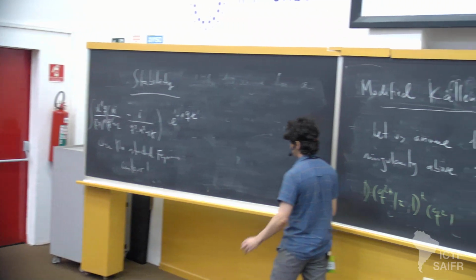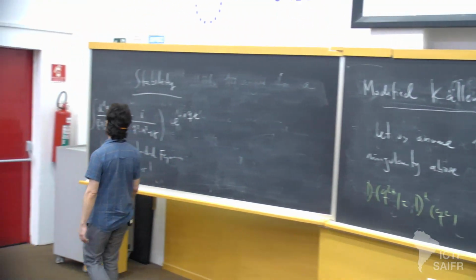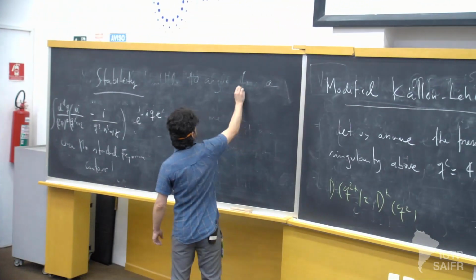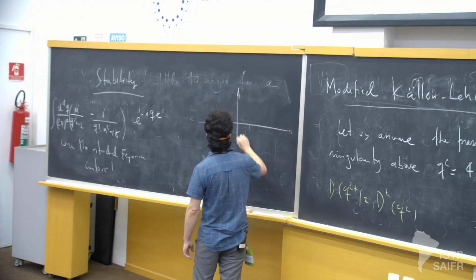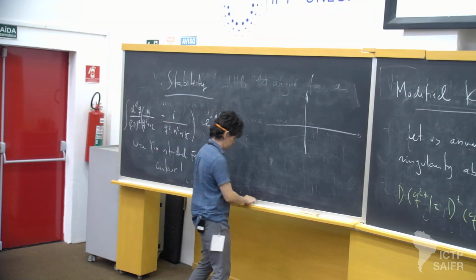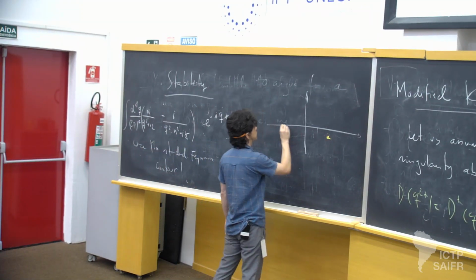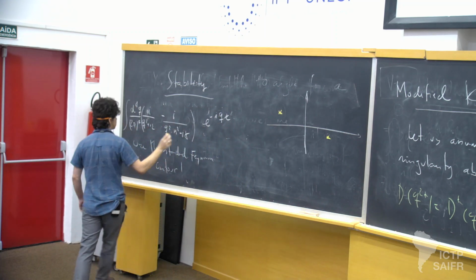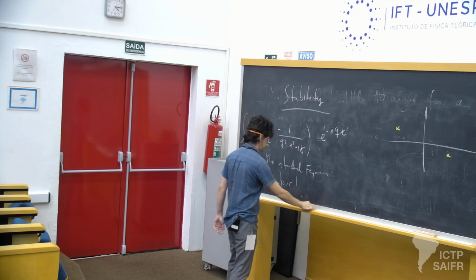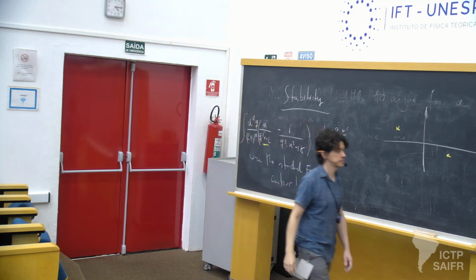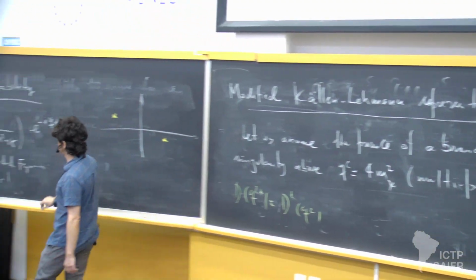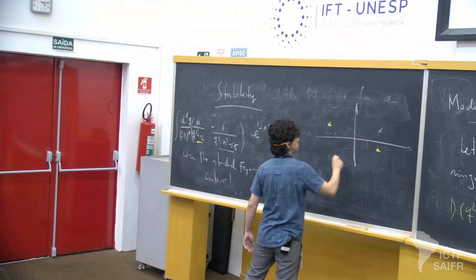Not in this situation, because if you take this guy here and do the Fourier transform, where are the poles of this thing, right? You have 4 poles. You have the poles associated with this guy here, which are here and here. So these are the poles associated with this guy here. But you also have the poles associated with this guy here, which are here and here.